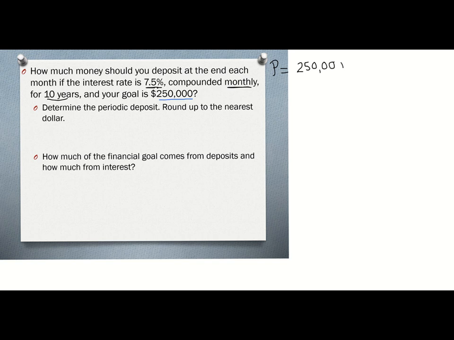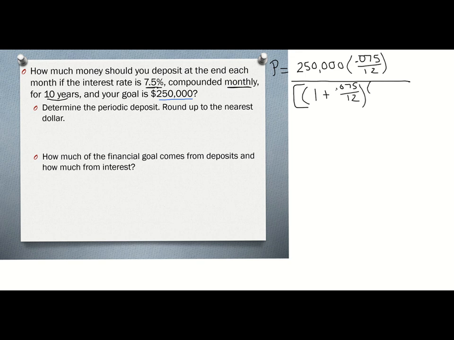$250,000 times my rate, so 0.075 divided by 12. And then on the bottom we will have 1 plus 0.075 divided by 12.